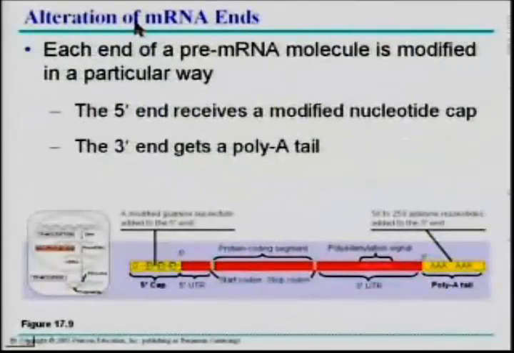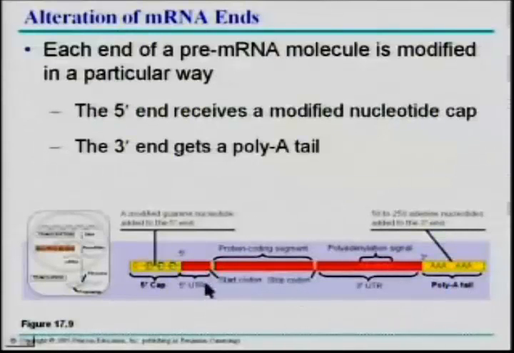So, the alteration of the mRNA ends: each end of the pre-mRNA, both the 5' and the 3' ends, is modified in a particular way. The 5' end receives a modified nucleotide cap. We see that here. A modified guanine nucleotide is added, called the 5' cap. And the 3' end gets a poly A tail.